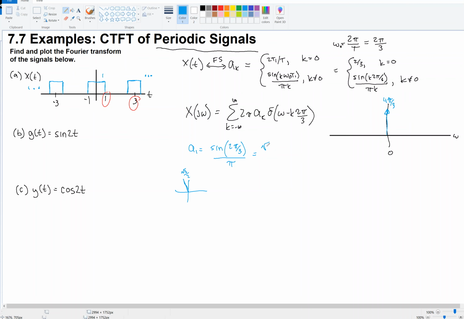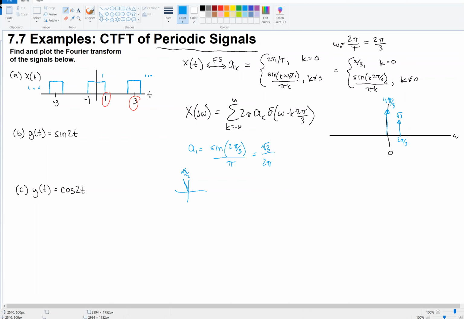So I think this is root 3 over 2 pi. And then when we multiply by 2 pi, the 2 pi's go away, and I just have radical 3 times an impulse that is shifted, k equals 1, by 2 pi over 3 to the right. So I'll find 2 pi over 3. Maybe it's here. 2 pi over 3, and remember it's scaled by radical 3.